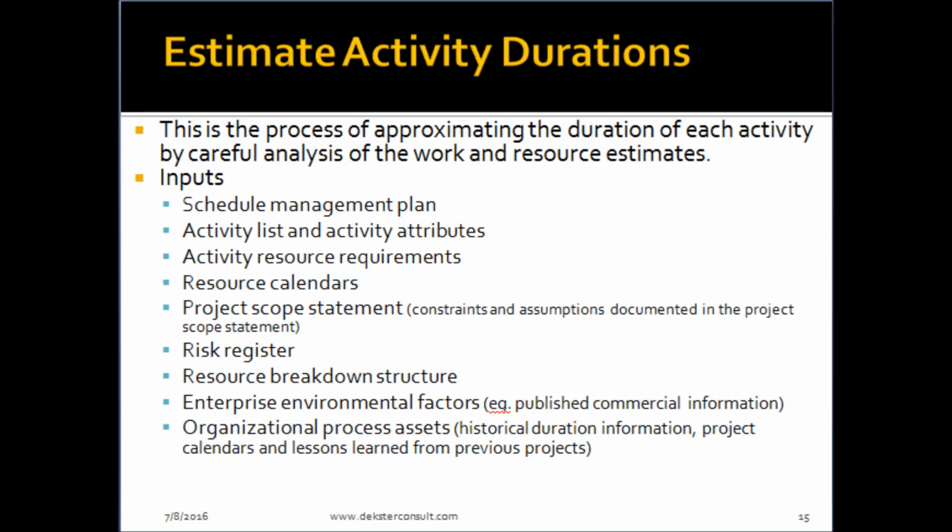The output of just the previous process is key. Then the resource calendars, project scope statement, where we are interested in assumptions and constraints. You could make use of the risk register, the resource breakdown structure, and our enterprise environmental factors, as well as our organizational process assets.